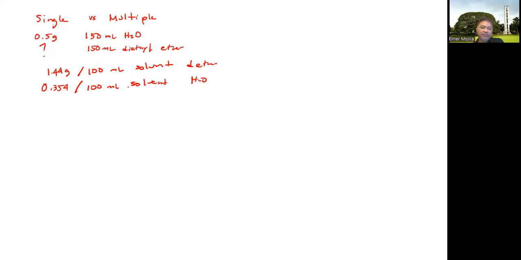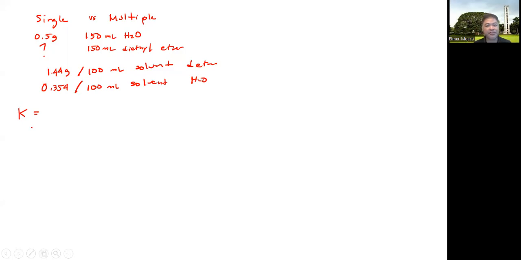If we have 150 ml water that contains 0.5 grams of the sample, how much are we going to get in the diethyl ether? So maybe the first thing that we're going to do is solve for what? We're going to solve for K.